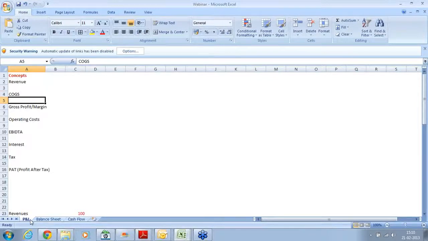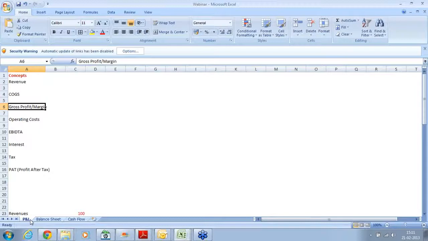The term we call this is the gross profit, or the gross margin. That is, after all the direct costs are removed, what is remaining is the gross profit. And this is very important.